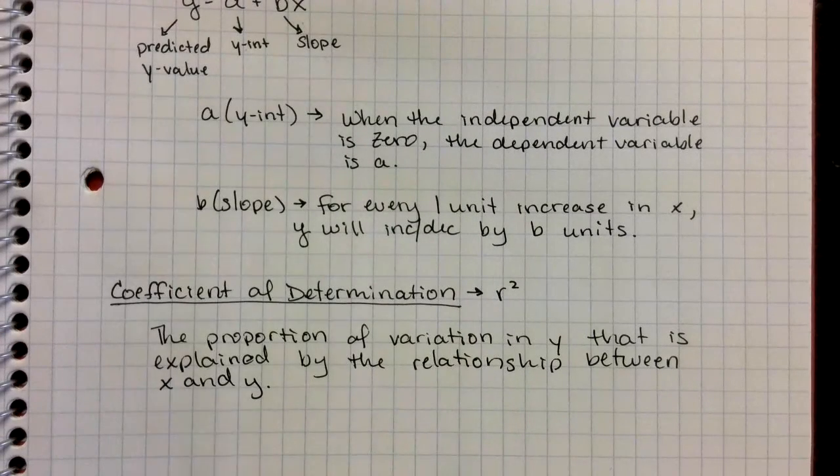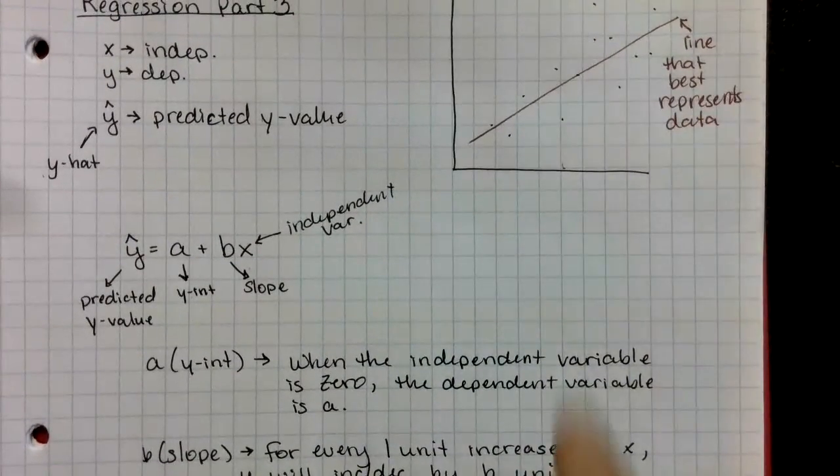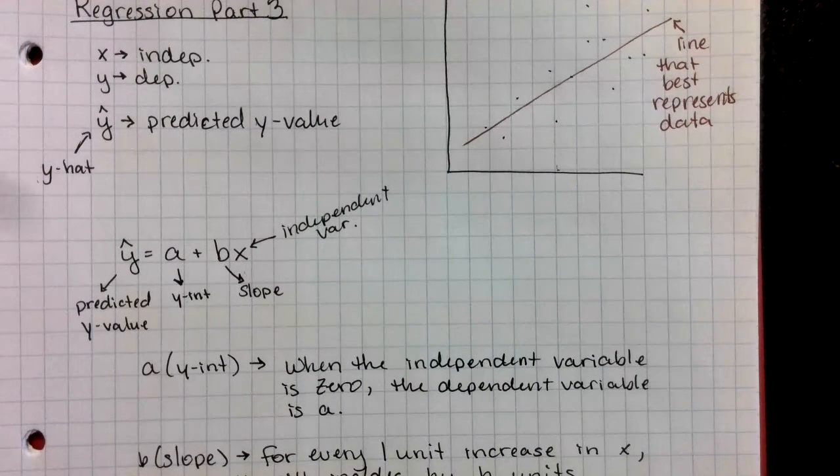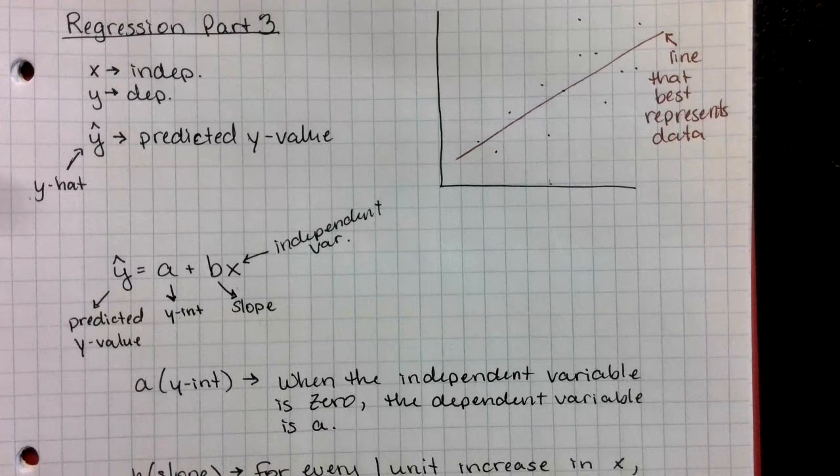Because even if you have a really good model with a really strong correlation, every bit of variation in your dependent variable is not because of the relationship between those two variables. Even if we're talking about height and shoe size, while it makes sense in our heads to say as your height increases, your shoe size increases, that's not always the case.